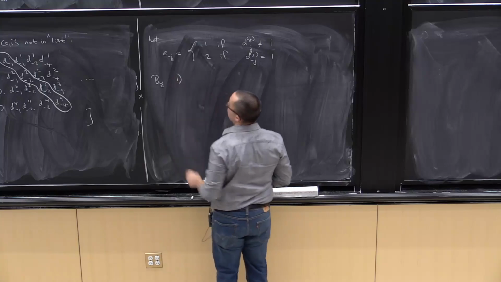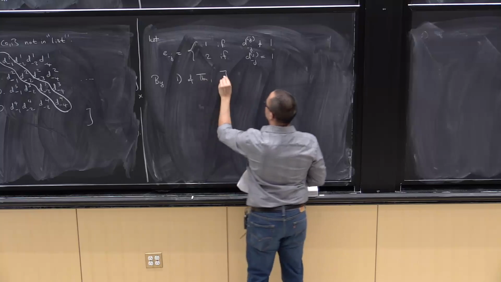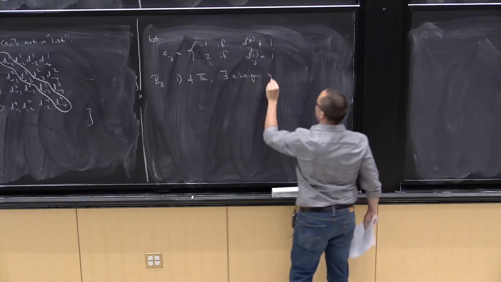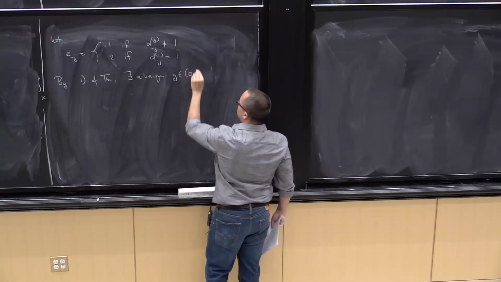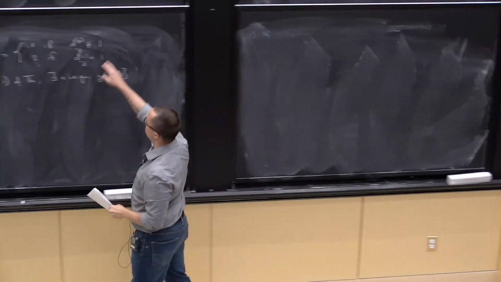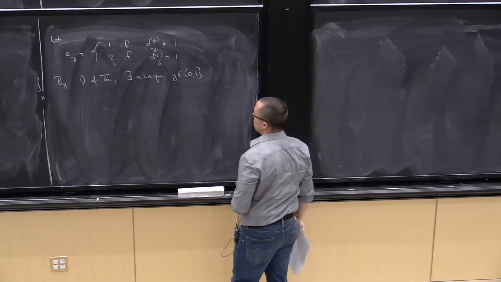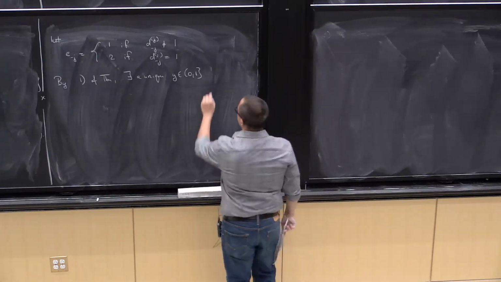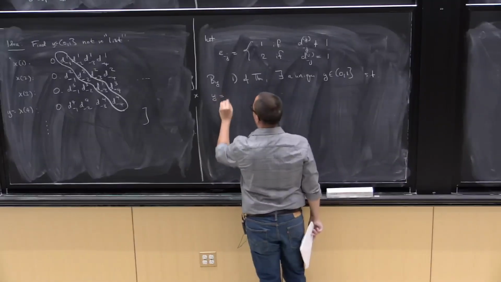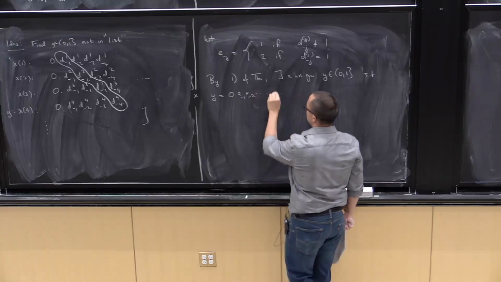By part 1 of the previous theorem, there exists a unique y in (0,1] such that y is equal to 0.e_1 e_2 and so on. Why? Because some of these digits are non-zero. It's always either 1 or 2.